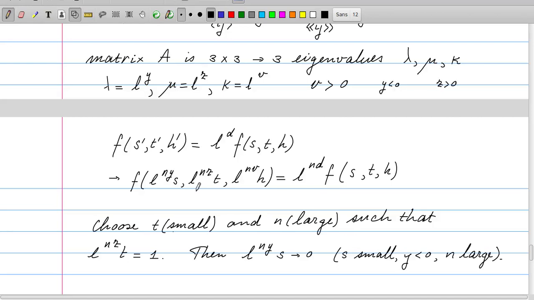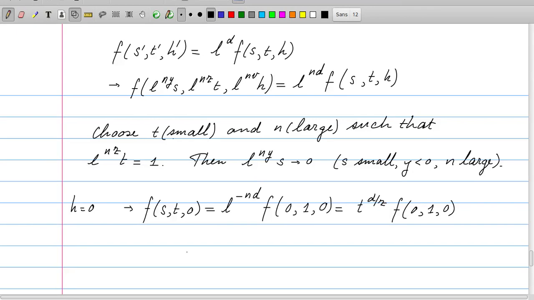Now let's first take the field equal to 0, so h is 0. Then we find that f(s,t,0) is L to the power minus nd times f(0,1,0). So it's the inverse of this relation, and here we have a 0, here we have a 1, and we took h from the start strictly 0, so there's no way to bring that to a large value, so that's a 0 here too.